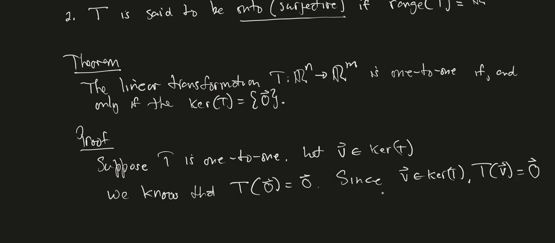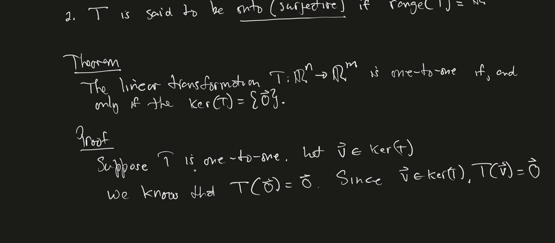So the transformation maps the zero vector onto the zero vector, a property that we proved earlier. By definition, any element in the kernel of the transformation must also get mapped onto the zero vector.